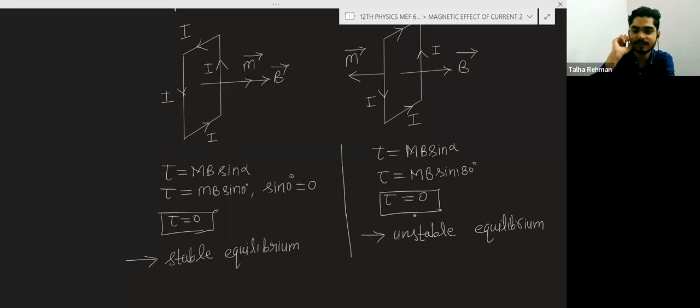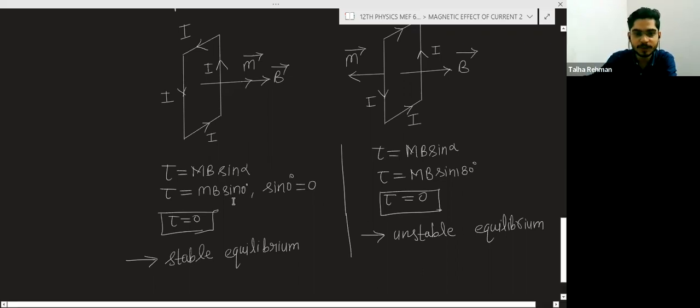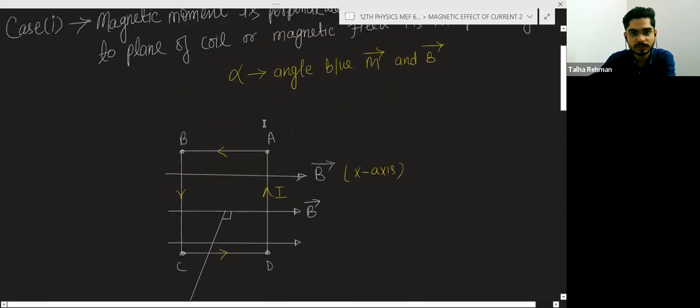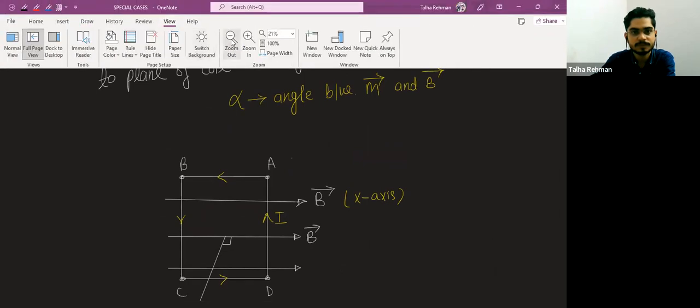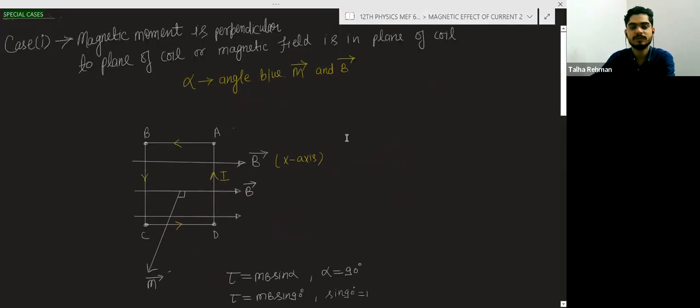So these are some special cases regarding the coil when you have placed it in the magnetic field. You have to remember this formula: what will be the torque on the current carrying coil when you place that coil in the magnetic field, and the coil has the current I. Just note this down, then we will take one question on it.